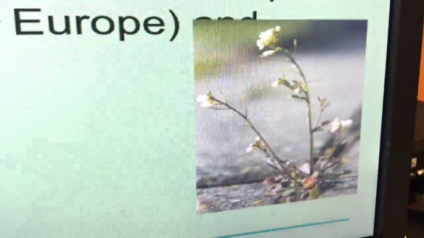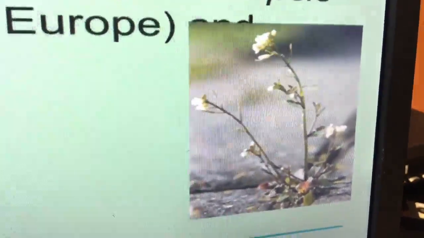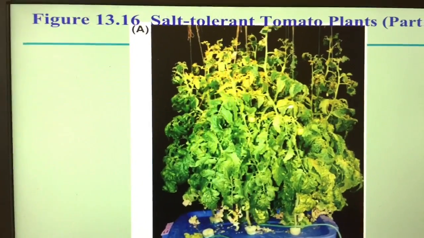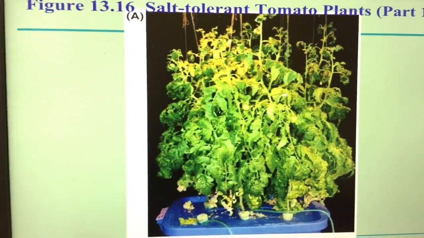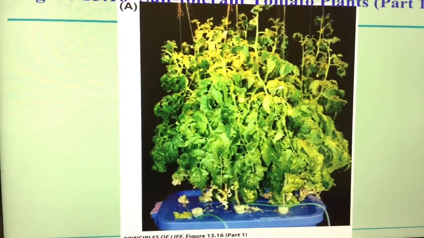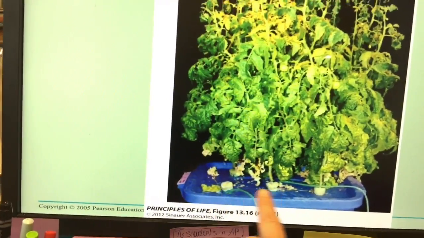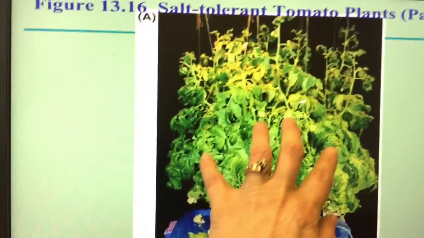This is the small flowering plant that they took from Europe, which lives in salt conditions. They isolated the gene from that plant and then put it into other plants. This is a salt tolerant tomato plant where they've inserted the gene to make it able to live in salt water. Here's the salt water down here, so it's growing.